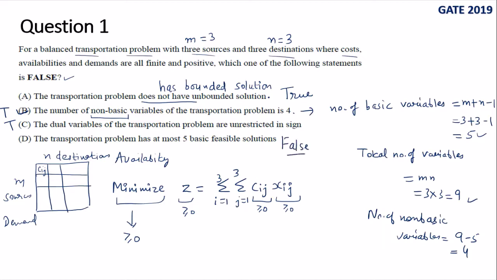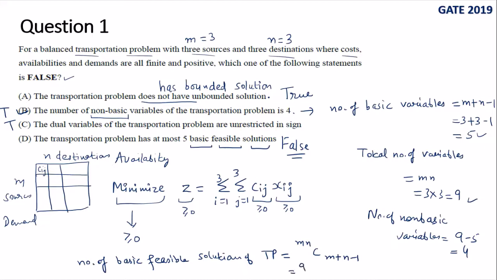If you want to convince yourselves, you can find the number of basic feasible solutions. For that I can tell you the formula to compute the maximum number of basic feasible solutions of a transportation problem. This is mn C (m plus n minus 1).